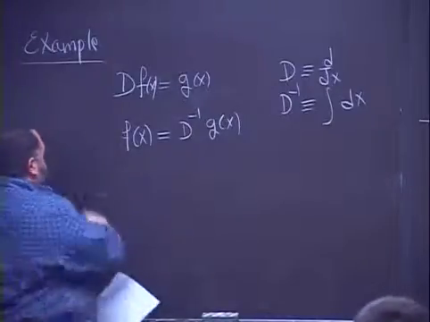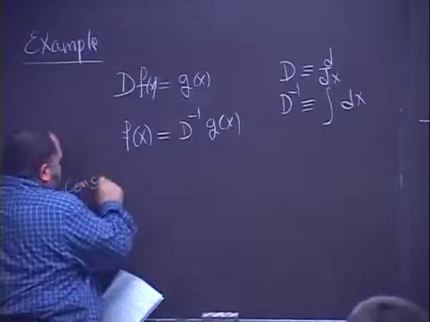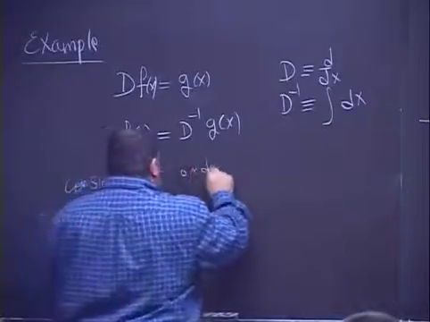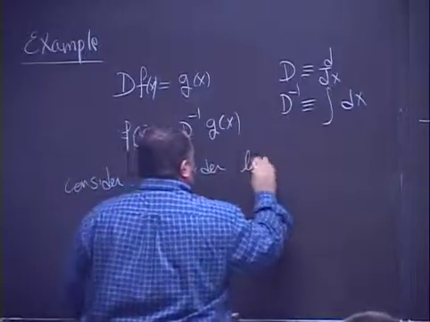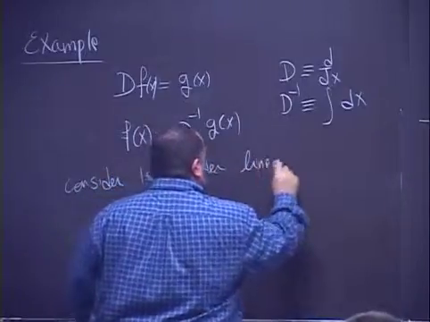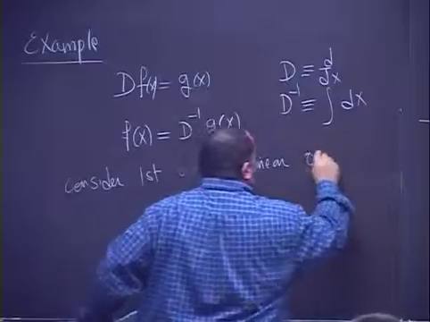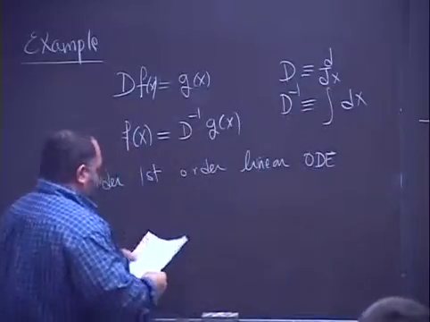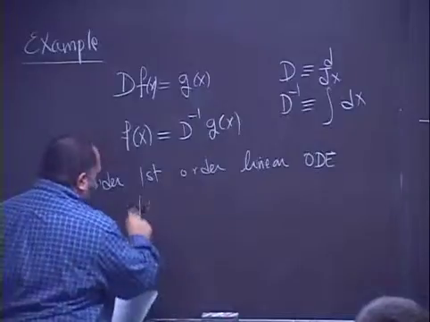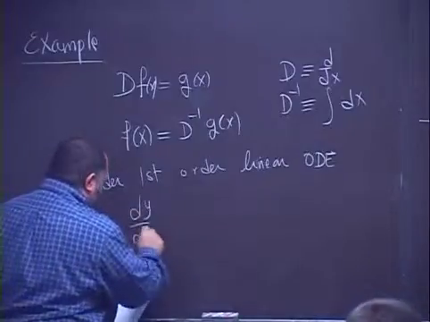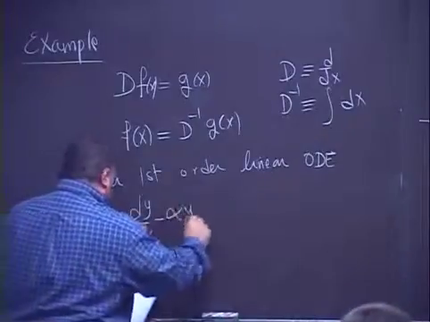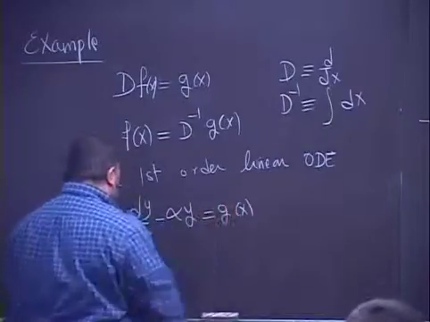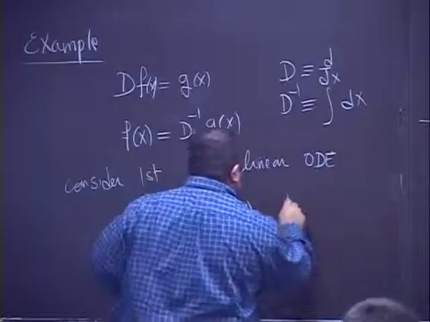So now let's consider a first order linear ODE. This first order ODE is just dy by dx minus alpha y equal to g of x, and we will name it 1.